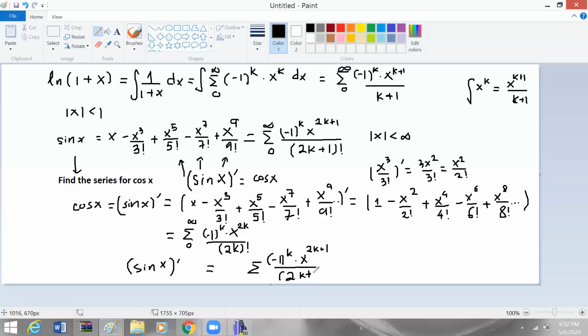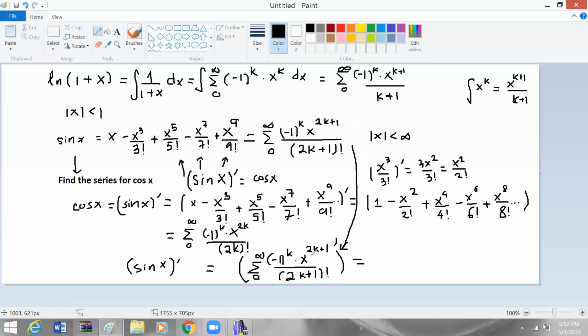So we know that from the very beginning, this is from 0 to infinity, right? And then I just need to differentiate the entire term coming from here. I just need to take the derivative for that part.